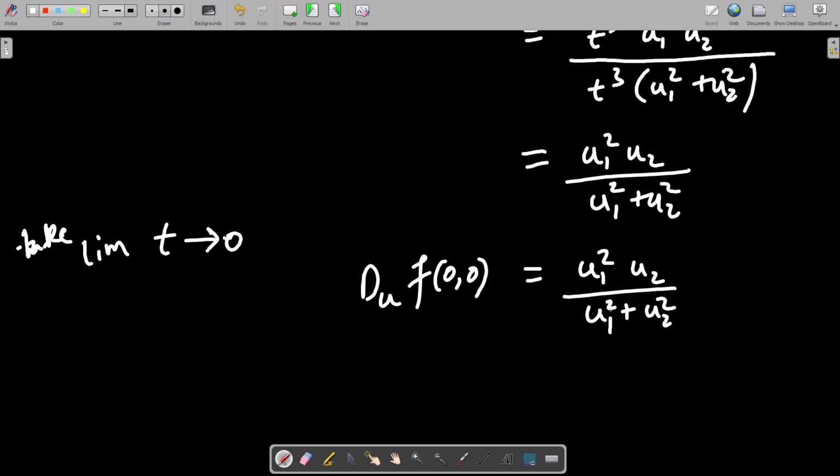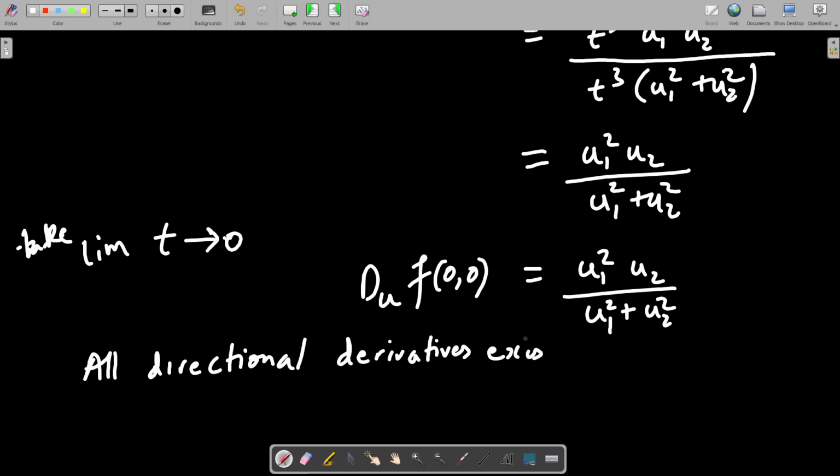So these are the directional derivatives, and all the directional derivatives exist.